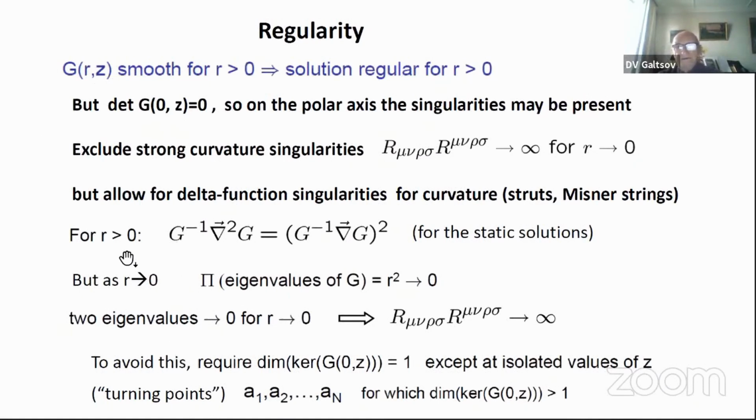Actually, one can derive several general features for that matrix.